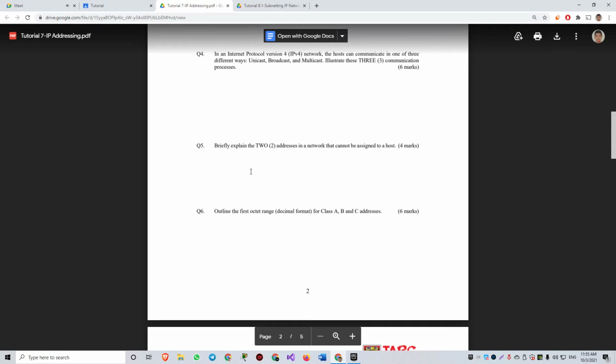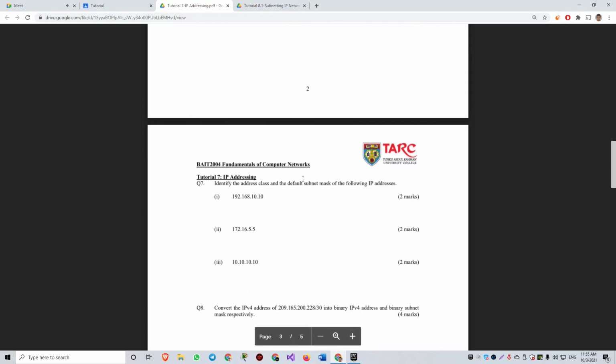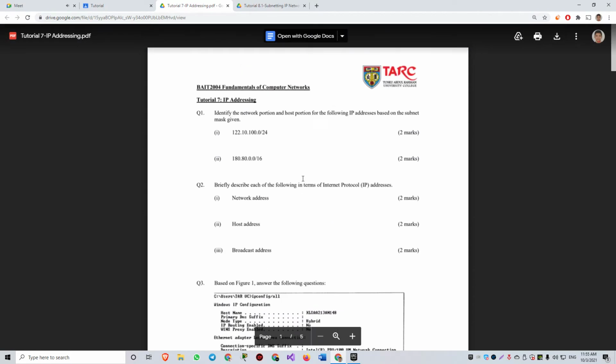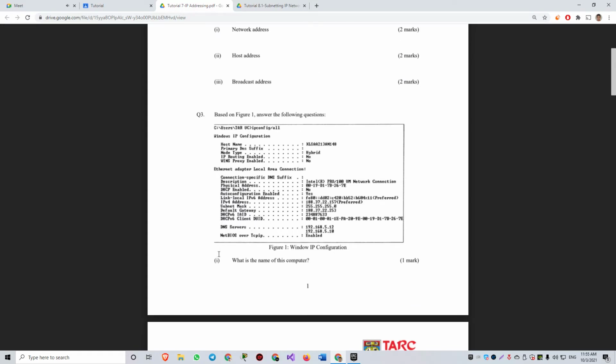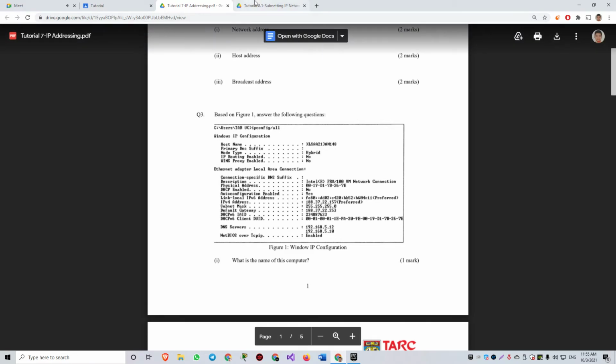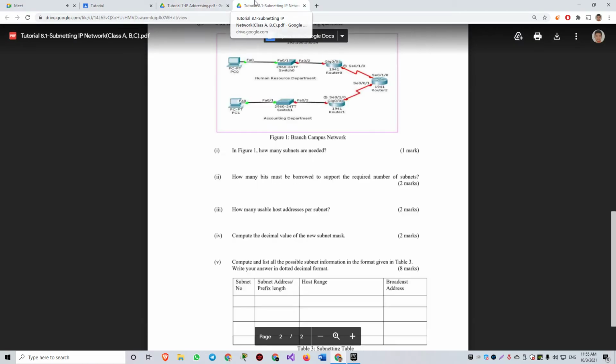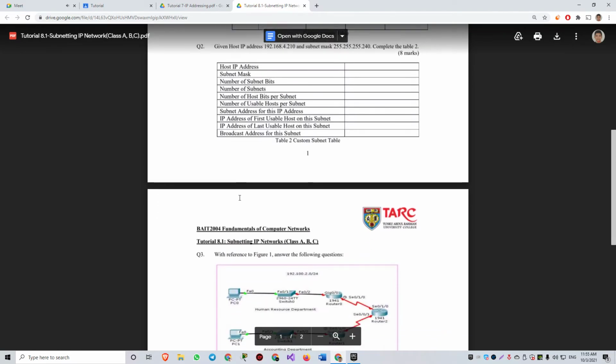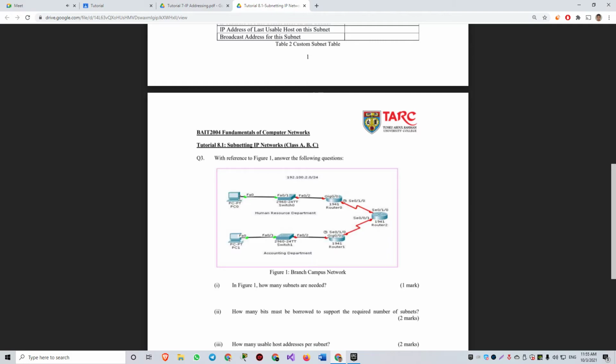Right, so question number 2 is very similar to question 1. Question 3, the requirement is given to you in terms of the network diagram. Same question, different is the way the requirement is given to you. Question 3 is given in terms of a topology diagram.